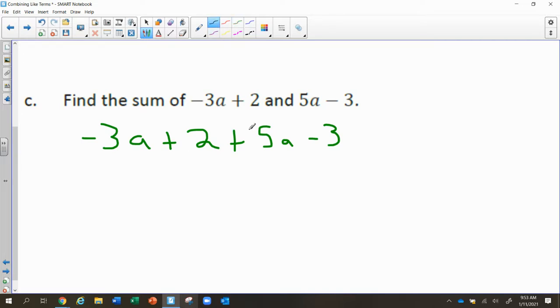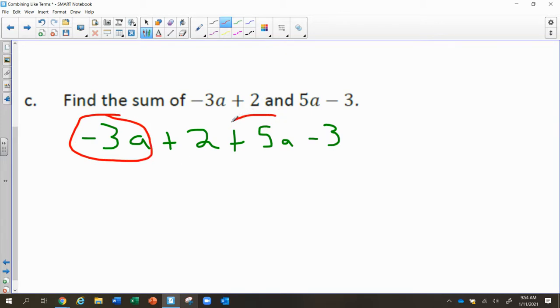Okay, so what I like to do, and since you guys have all the tools on Kami and everything here, is I like to circle things in the same color that are the same terms. So I'll use red, and I'm going to find all of the ones that have A. So I have negative 3A.